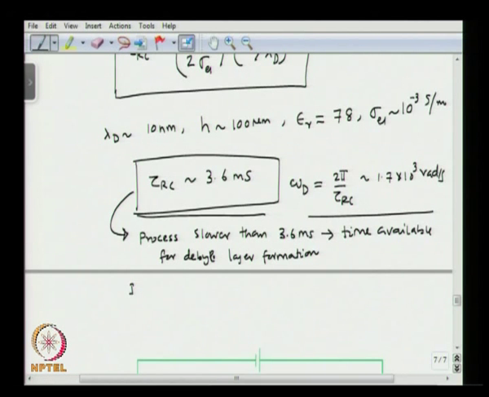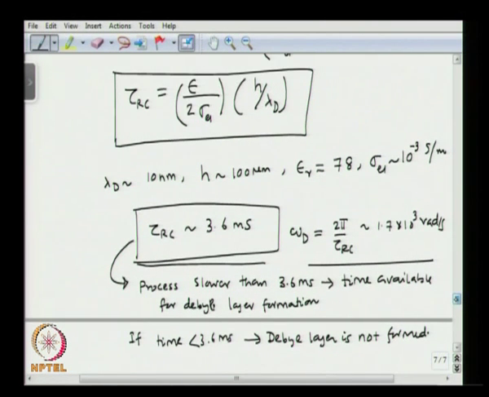And if the time is less than 3.6 millisecond, the Debye layer is not formed. Okay. So that is an important conclusion we learn from talking about the Debye layer capacitance. Okay. So let us stop here.